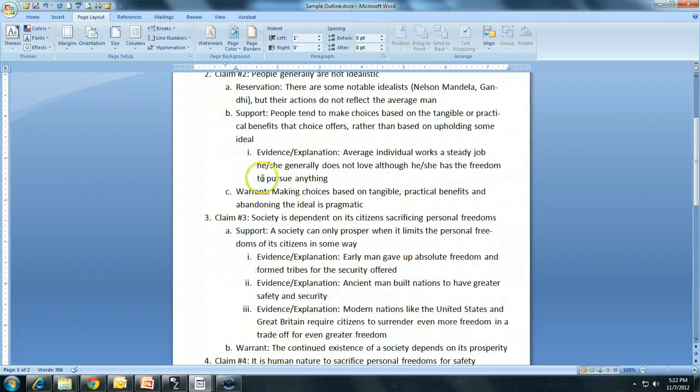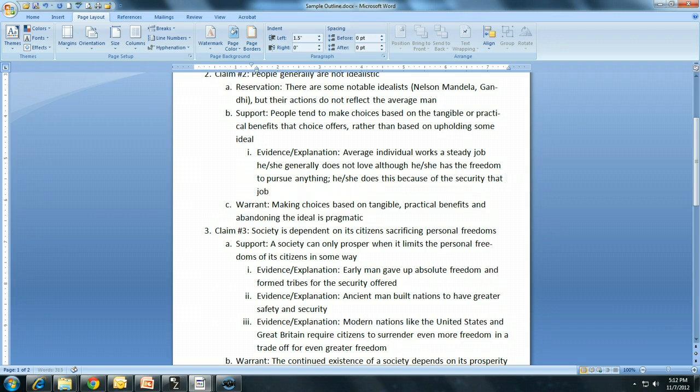So I've come up here with kind of an illustration of this. An illustration of this would be that the average individual works a steady job he or she generally does not love, although he or she has the freedom to pursue anything. He or she does this because of the security that job offers.